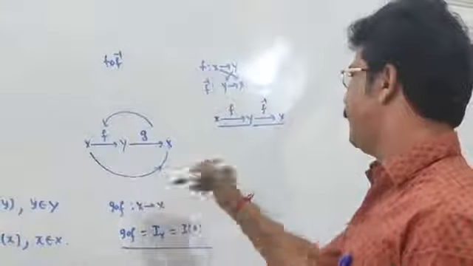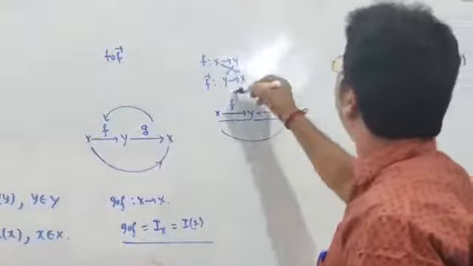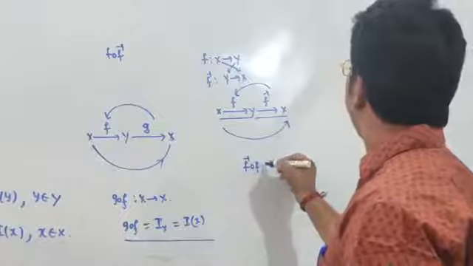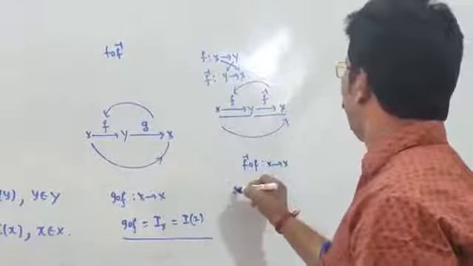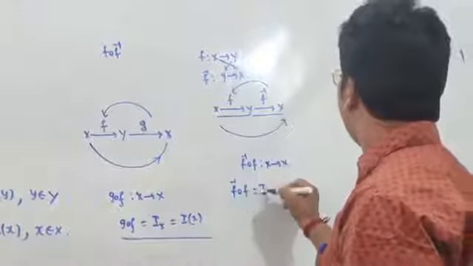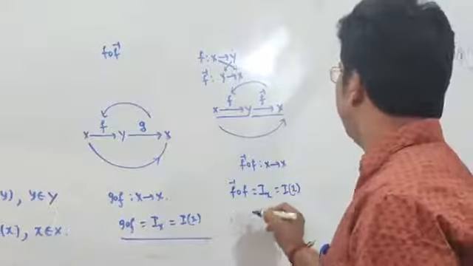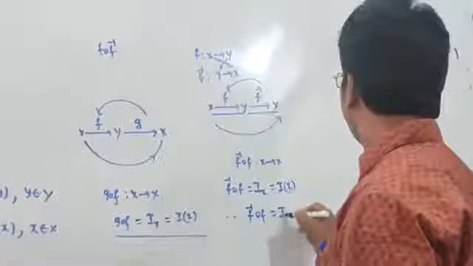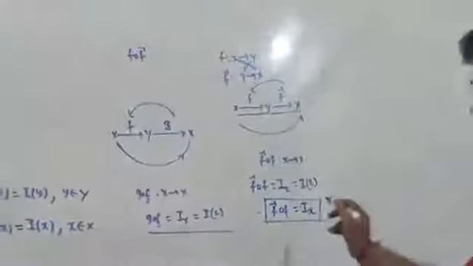According to this order, X to X, f inverse circle f is capital X to capital X. So simply f inverse circle f equals Ix. You will have to make a note of this.